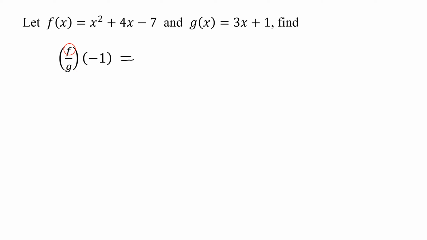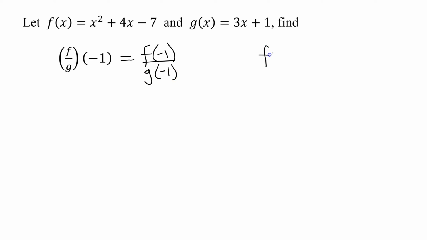The quotient function f divided by g at -1 is just going to be f evaluated at -1 divided by g evaluated at -1. So now we need to figure out f of -1 and g of -1.